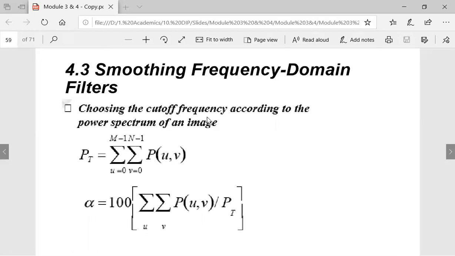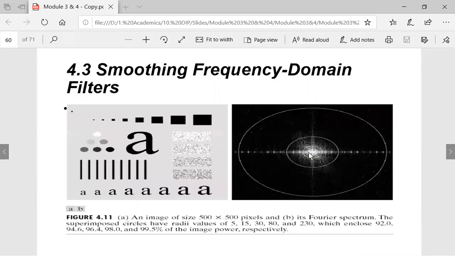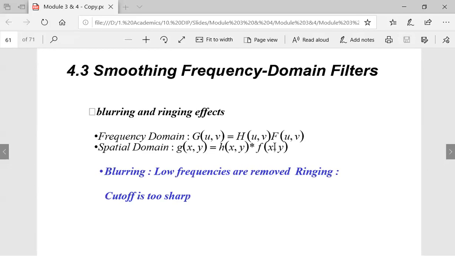This is the power spectrum of an image, where the first image is of size 500 by 500 pixels, and the second is the Fourier spectrum. The two circles you are seeing are based on different radii. The power spectrum of this image is obtained using the Fourier transformation. Blurring and ringing effects in the frequency domain, we already know.